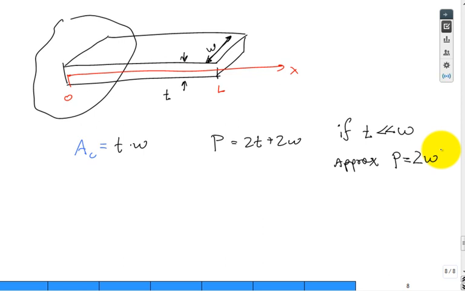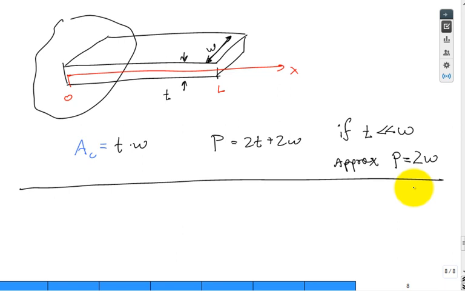Okay. Now, Professor, we love that simple equation when you have the insulated tip. But is it really a good approximation when I have convection off of the tip? Well, what you do is you have a corrected length, which is pretty easy to understand.